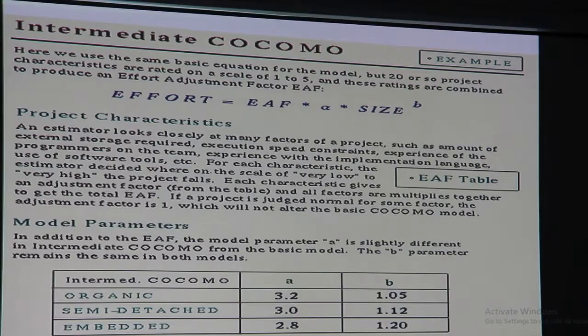To calculate the effort, this effort adjustment factor EAF is multiplied by A, which is further multiplied by size raised to B. So there is a difference between the basic COCOMO formula and the intermediate COCOMO formula.